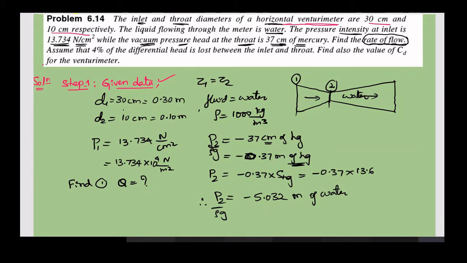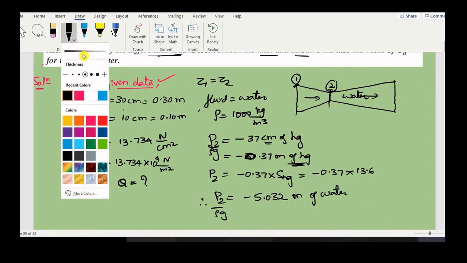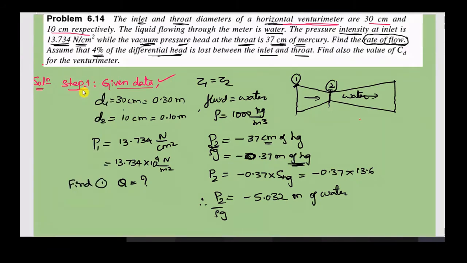Next point is important. This is different compared to the previous numericals. Assume that 4% of the differential head is lost between inlet and throat. So there is a differential head between inlet and throat always. The differential head is represented by the symbol H. H is the difference in head.